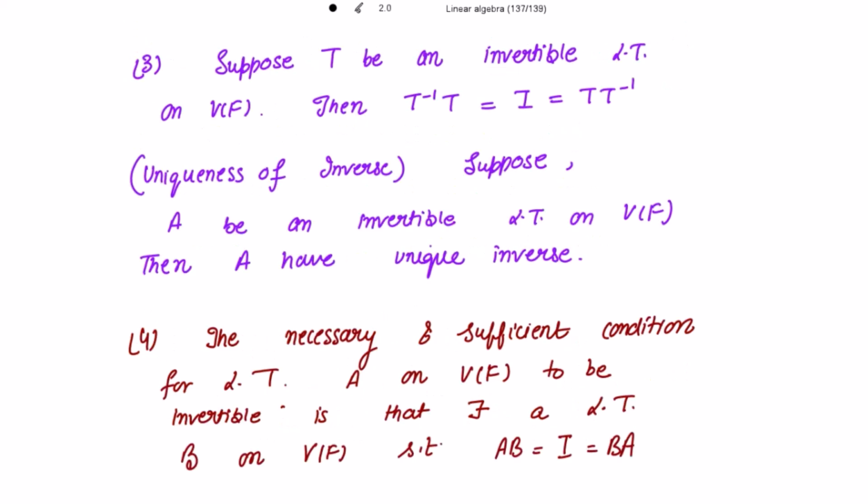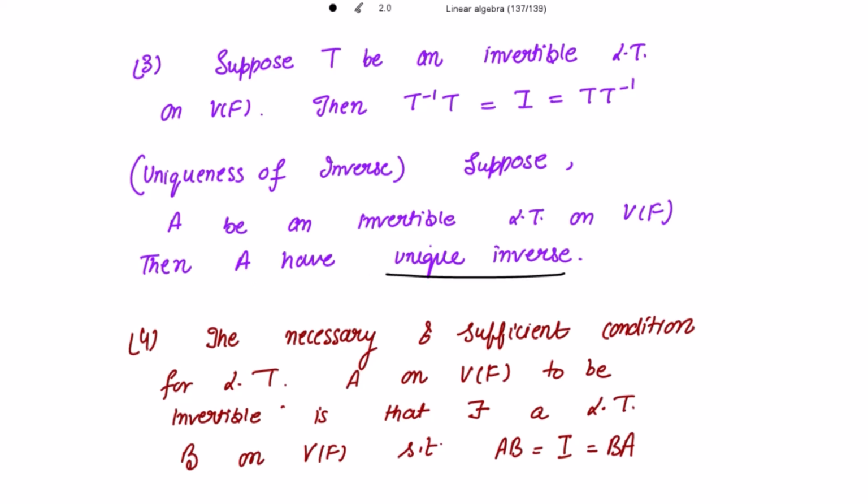Third, suppose T is an invertible linear transformation on V(F), then T inverse T is equal to the identity operator equal to T T inverse. And what is the uniqueness of inverse? Suppose A is an invertible linear transformation on V(F), then A has a unique inverse.